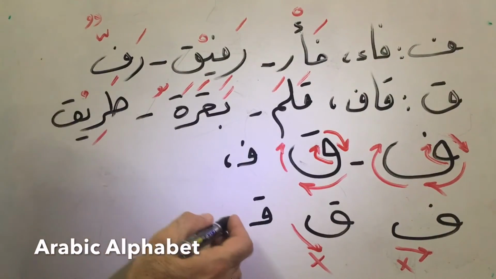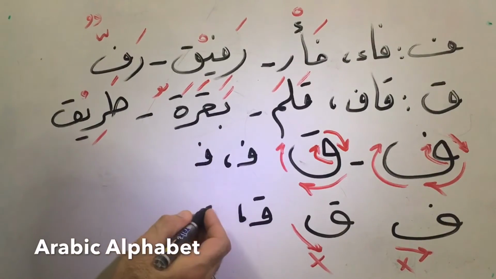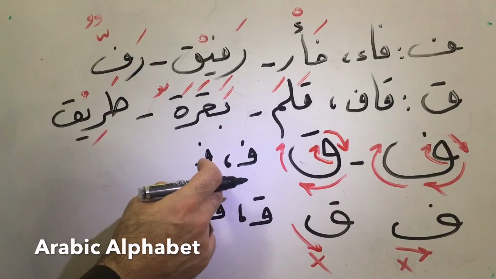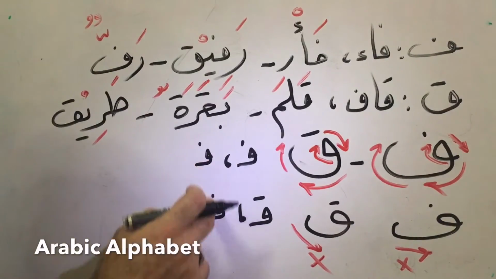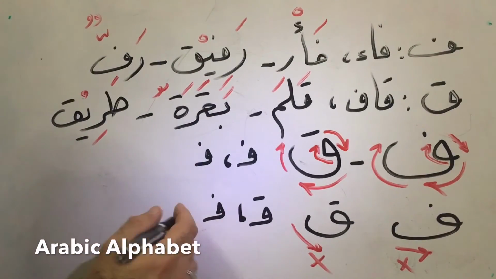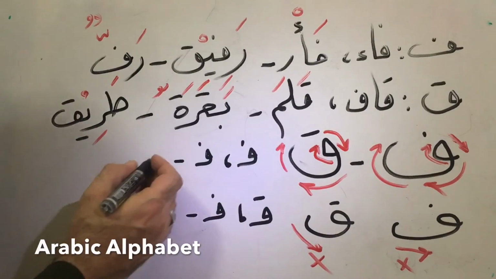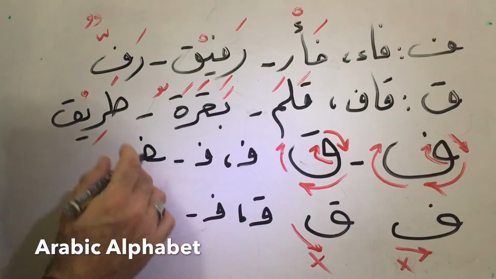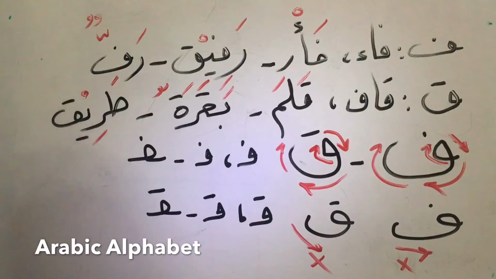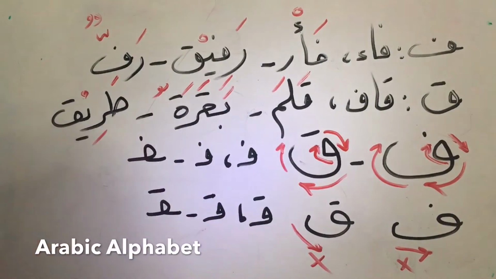In the middle of the word, either it is like this, if the letter before has no hand, like Raf or Rafiq. Ra has no hand, so it is not joined. If the letter has a hand, it is like this. So it has two hands, like in Baqara.